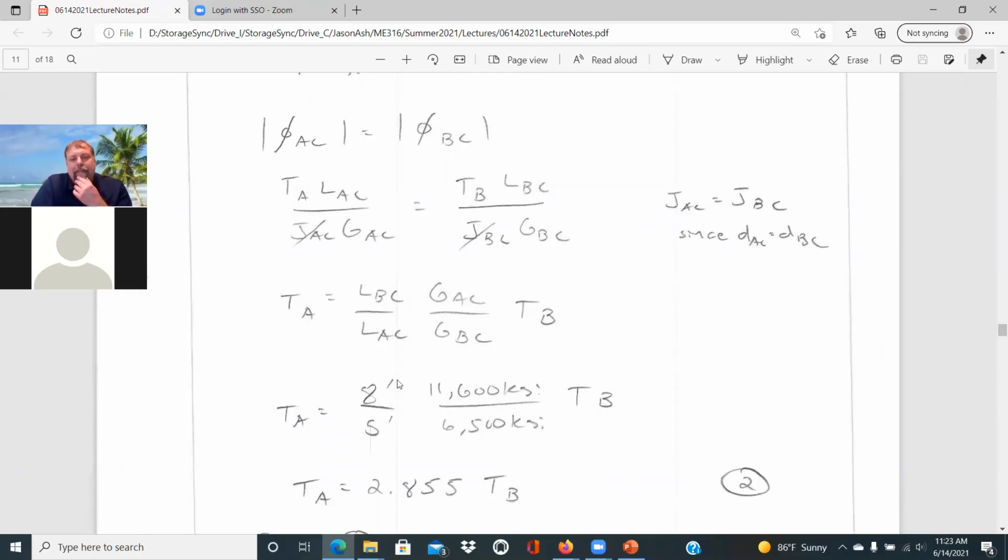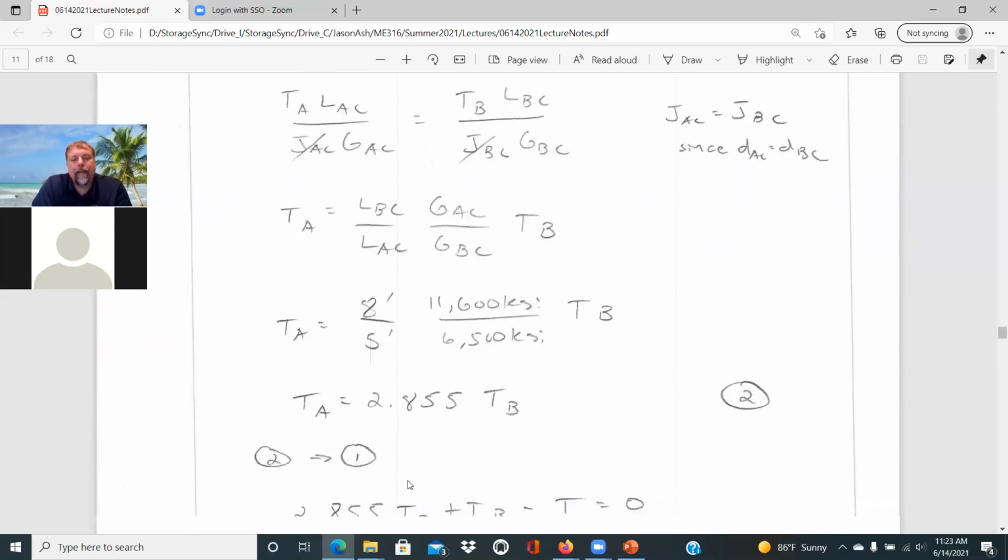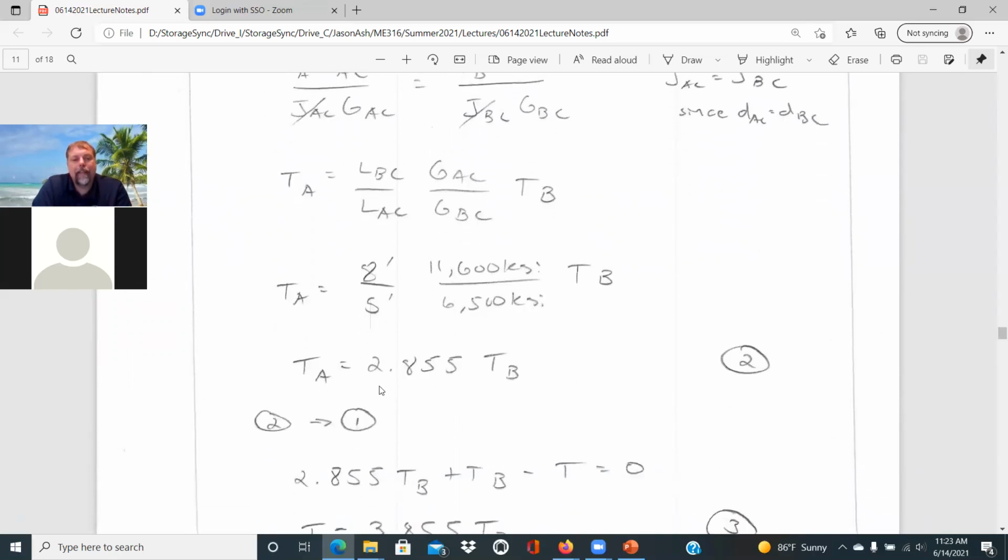We really don't need to convert these to inches at all because their units cancel. 8 divided by 5 is going to give you the same value as if you converted this to inches and divided the two together. So all these just work out into a numerical scaling between TA and TB. So TA is equal to 2.855 TB.